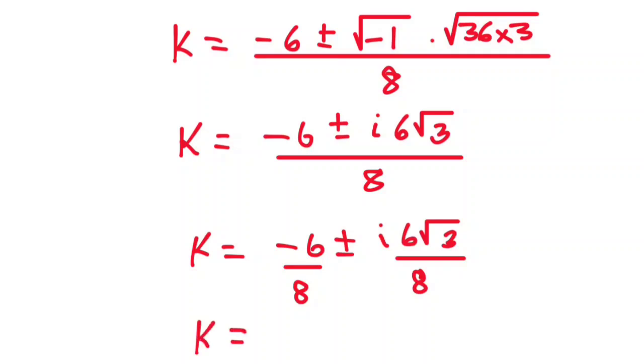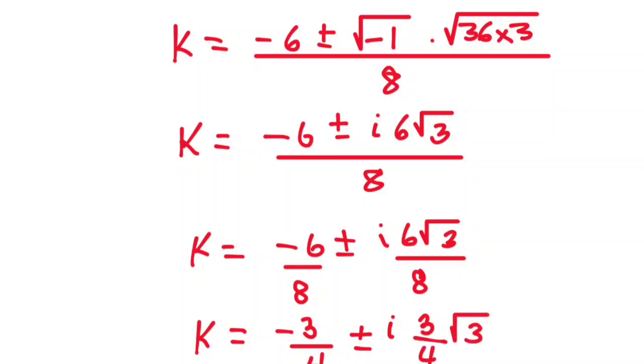So what is common now? You can see that we can reduce minus 6 over 8 by dividing by 2. So we're going to have minus 3 over 4 plus or minus i, so same thing, 3 over 4 root 3.